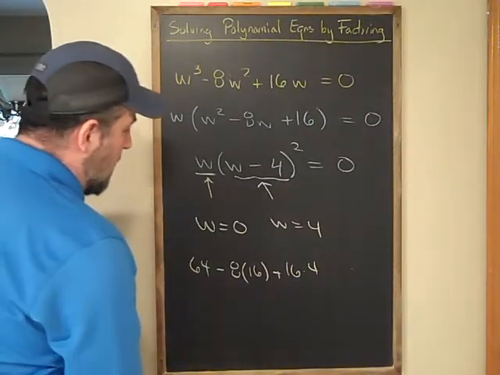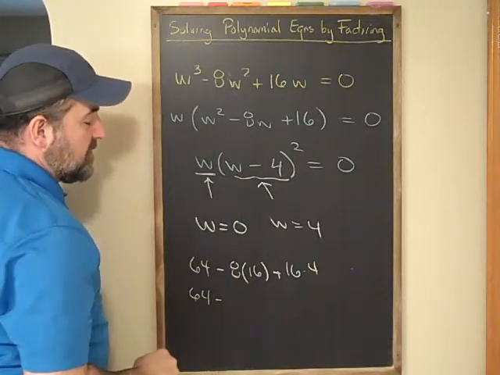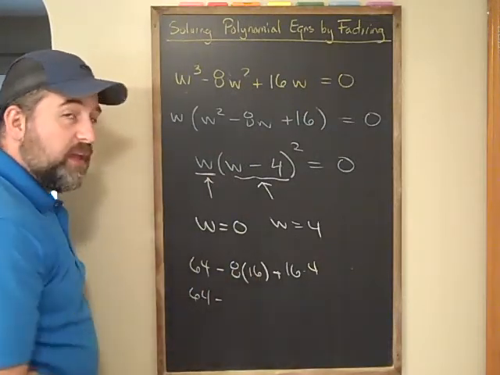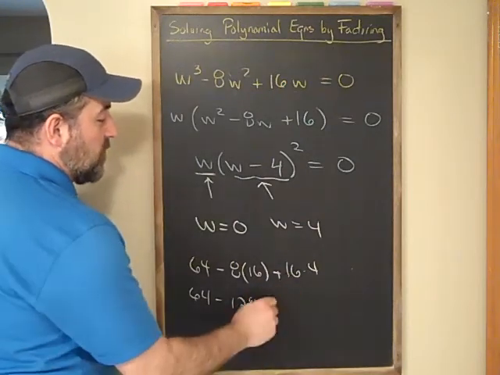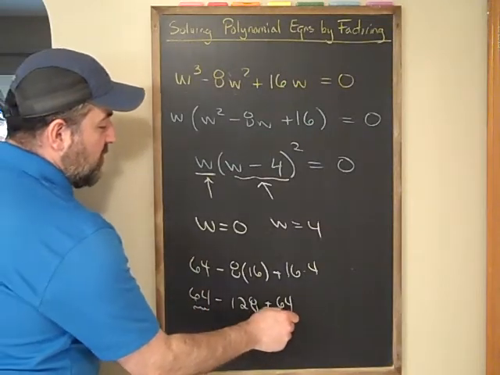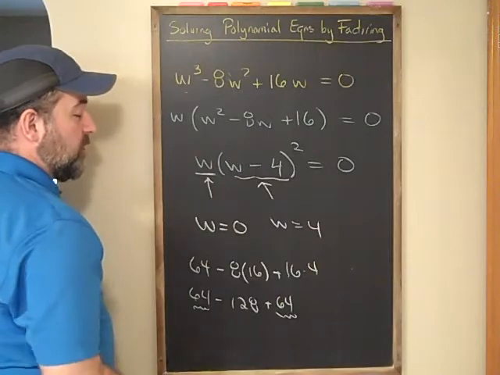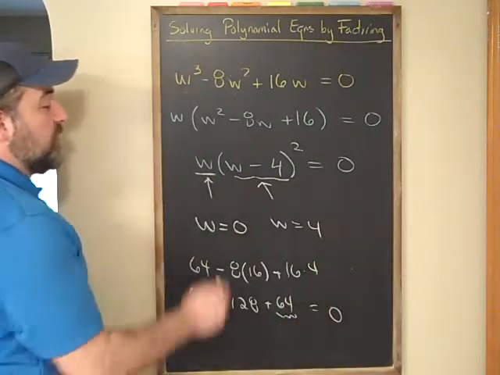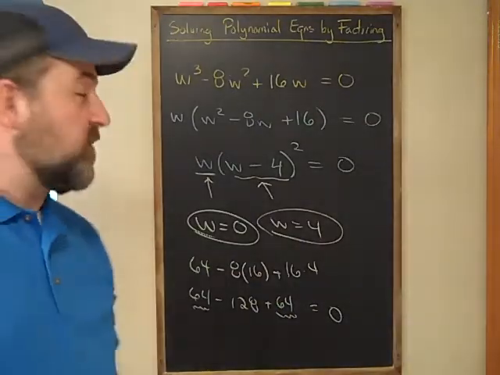Well, what do we end up with here? We're going to get 64 minus 8 times 16, which is 128, and 16 times 4 is 64. Well, if we take that positive 64 and add it to that positive 64, we get 128. Minus 128 is 0. So we can see that those are the two solutions for that equation.